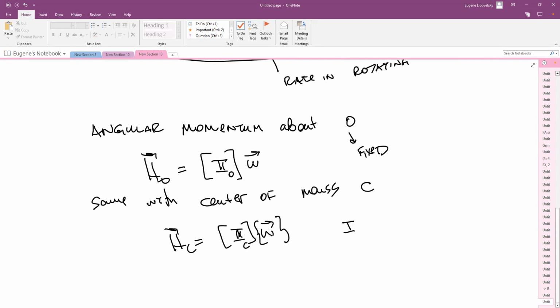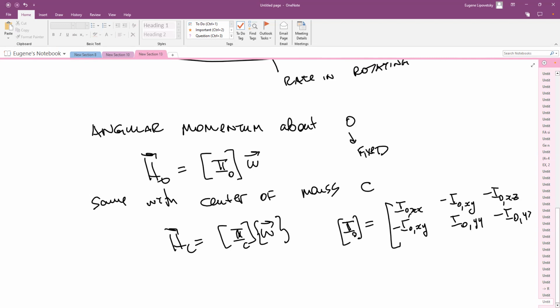The I matrix is, for example, about O: I_OXX, minus I_OXY, minus I_OXZ; minus I_OXY, I_OYY, minus I_OYZ; minus I_OXZ, minus I_OYZ, I_OZZ.